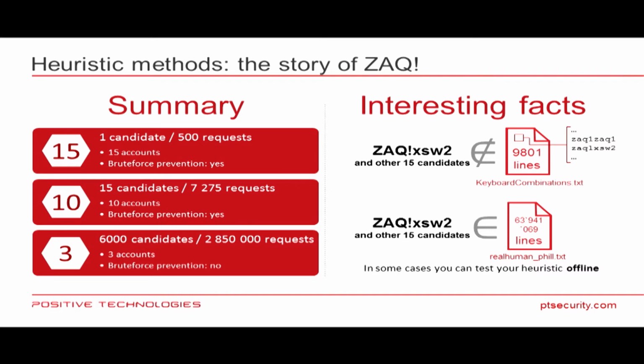By using just 15 variations of standard passwords, an additional 10 accounts were compromised. With more complicated options, 3 more accounts were compromised. This password combination was not seen in the keyboard combinations, but we saw it in a bigger dictionary.